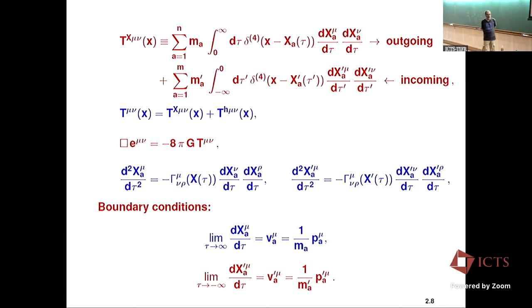But if you don't, the problem becomes much more complicated, because you will try to evolve the equations of motion forward, and you have to calculate simultaneously what kind of radiation is emitted and also what kind of particle trajectories you get at the final time. That would have been a much more complicated problem than what we are trying to solve here.